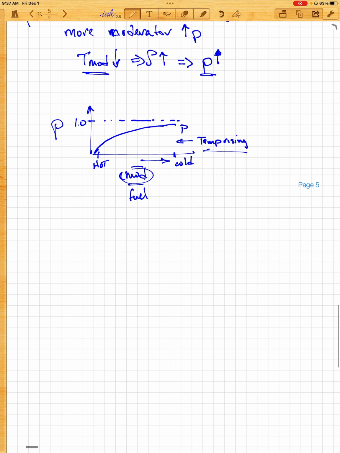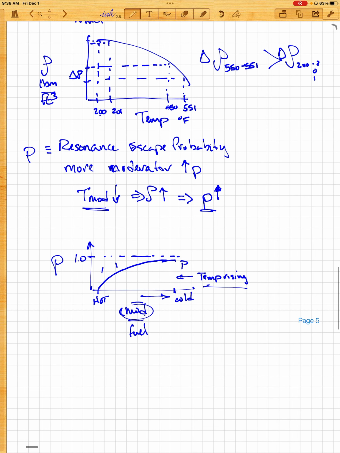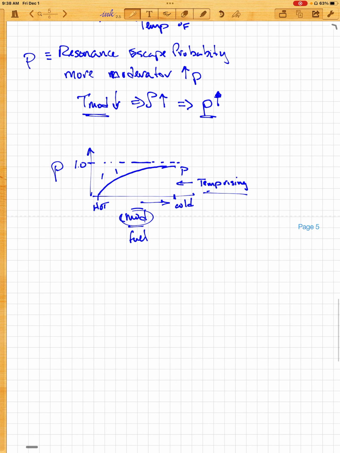Messes with your mind, didn't it? The effect of moderator temperature change is more drastic over here, right? See how P is changing? And that's because of that density change at higher temperatures up here. That's what causes that to be more pronounced.